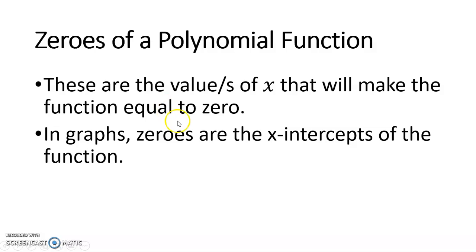So, in graphs, how do we determine the zeros of the polynomial function? So, the zeros are simply the x-intercepts of this function. So, when you graph the specific polynomial function and you want to determine the number of zeros, you just have to determine how many x-intercepts are there in this function.